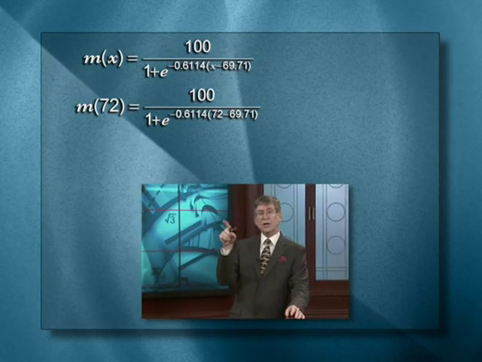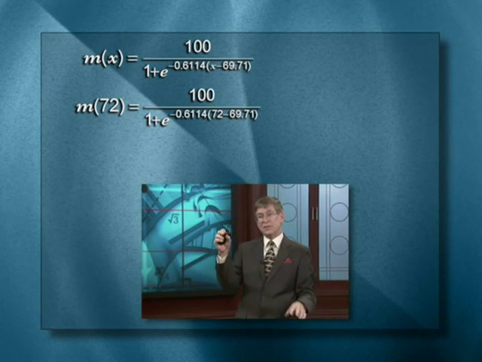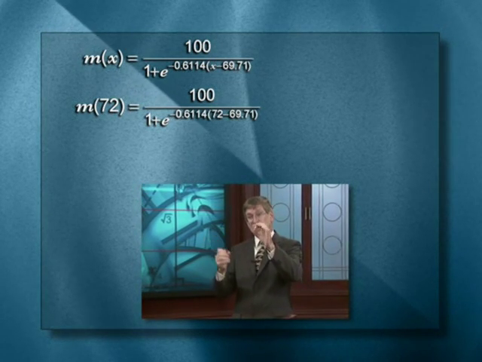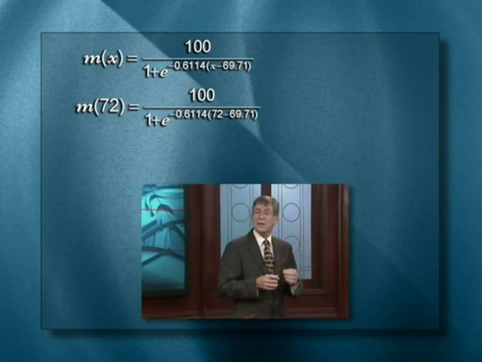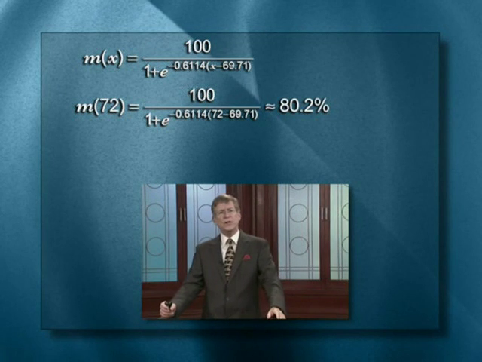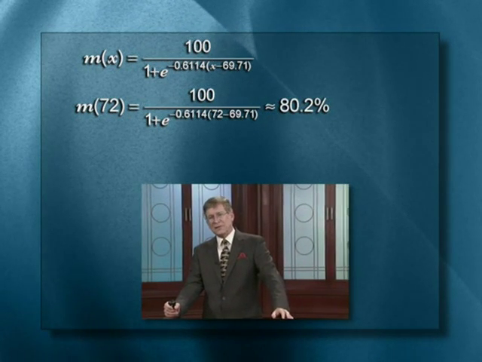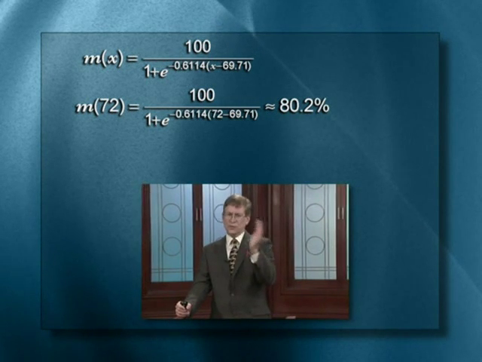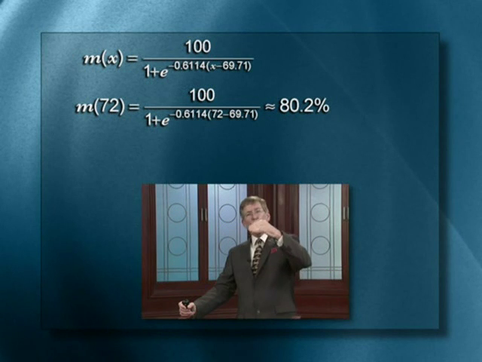And we get 100 divided by 1 plus e to that power times, and in the parentheses, you have 72 minus 69.71. And you punch that on your calculator, and you get about 80.2%. In other words, about 80% of the adults between those age groups are 72 inches or below.